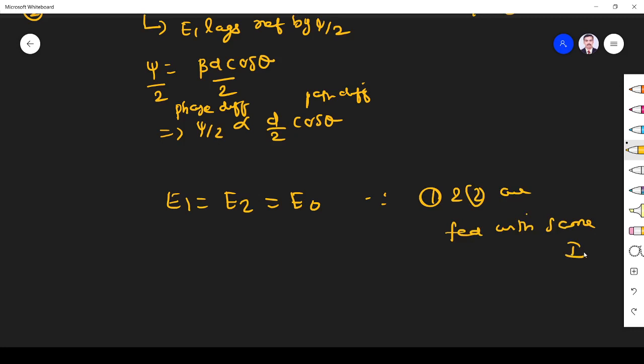Same current means they will produce the same magnetic field. Same magnetic field will produce the same electric field. So the amplitude of E will be the same at P, but phase will be different.